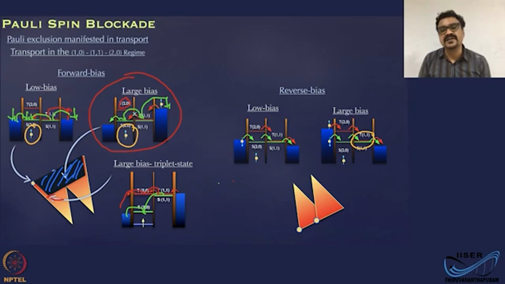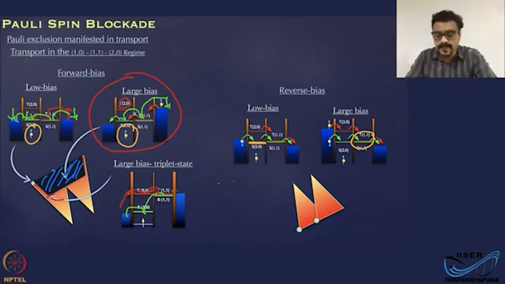So this state can never take a spin up electron. So the spin selection happens here itself, in the tunneling itself. And the spin up electron can actually tunnel when the T20 state is available.